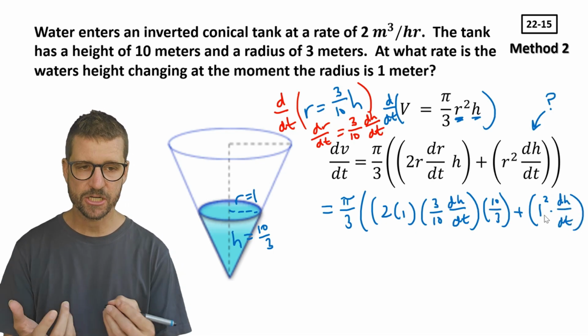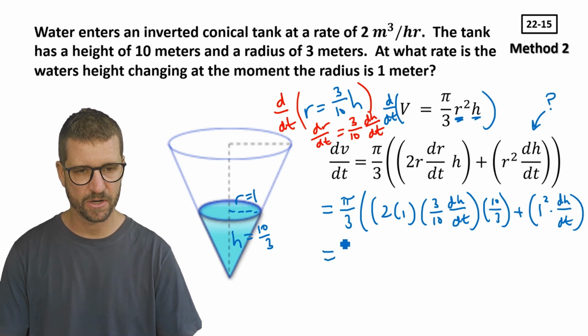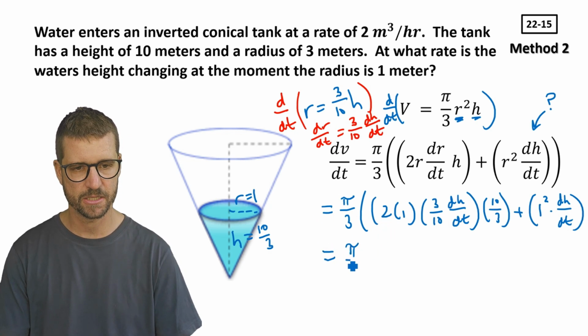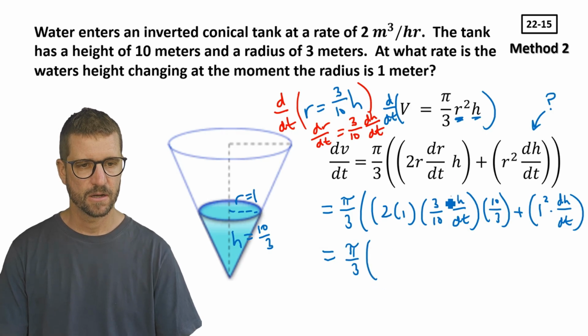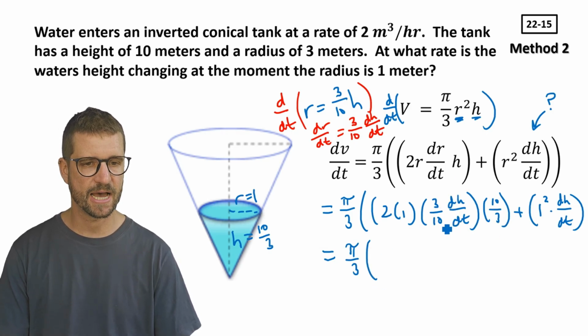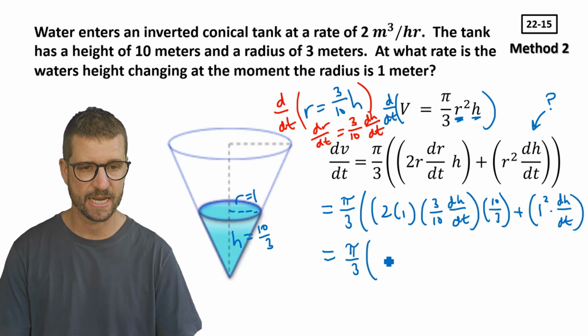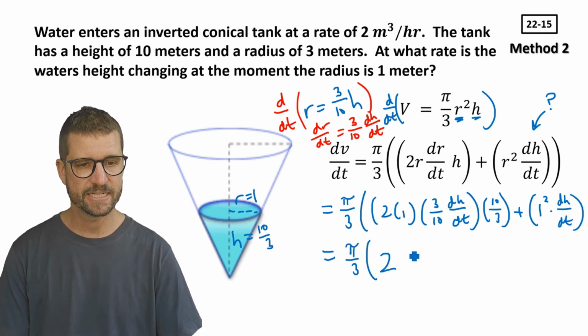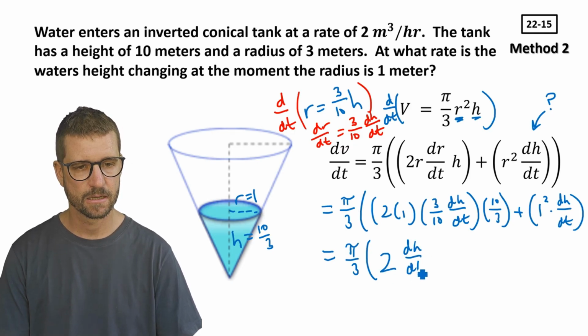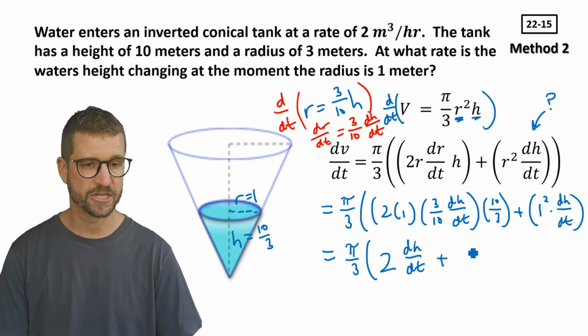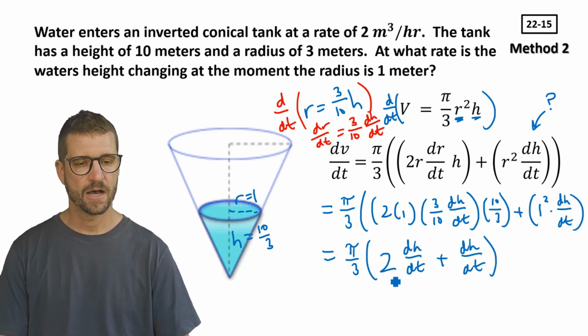All right, so let's combine all of this stuff and we're gonna get, let's just leave that pi over 3 here at the front. All right, we got these 3's will cross out and these 10's will cross out, so that's nice. So we'll get 2 dh/dt plus 1 dh/dt, which is just dh/dt, okay?